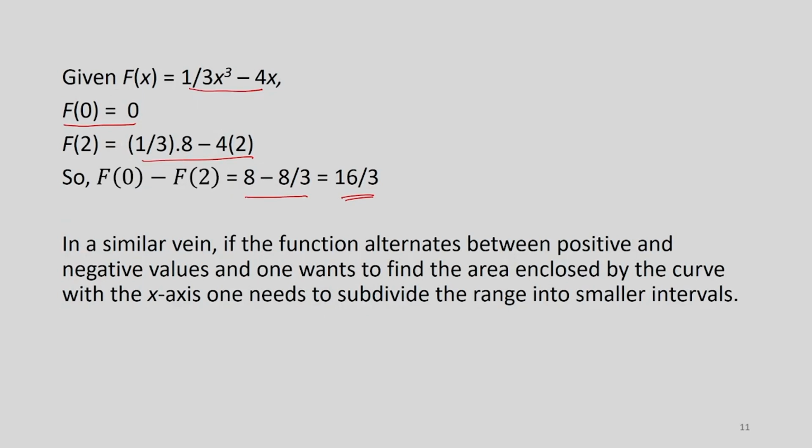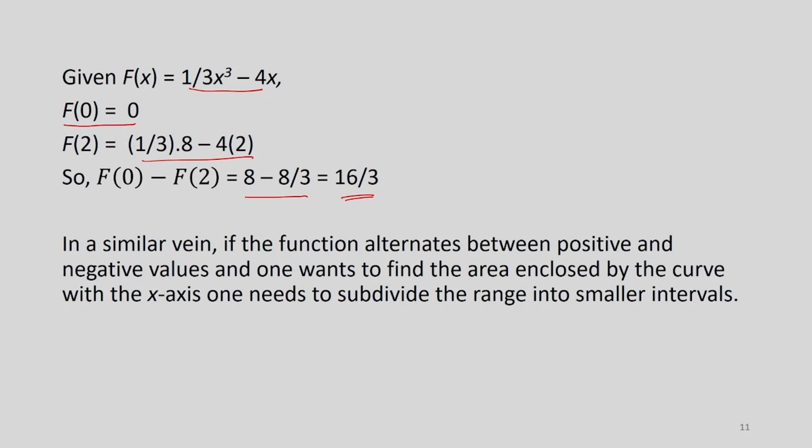Okay. In a similar vein, if the function alternates between positive and negative values and one wants to find the area enclosed by the curve with the x-axis, one needs to subdivide the range into smaller intervals.